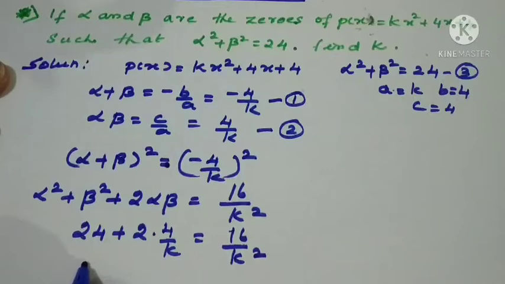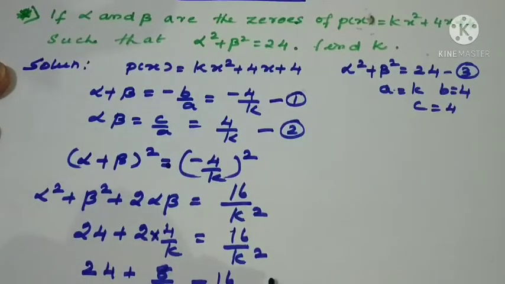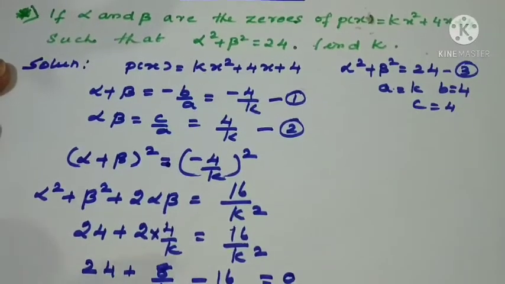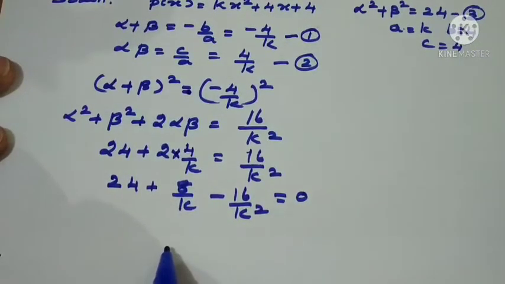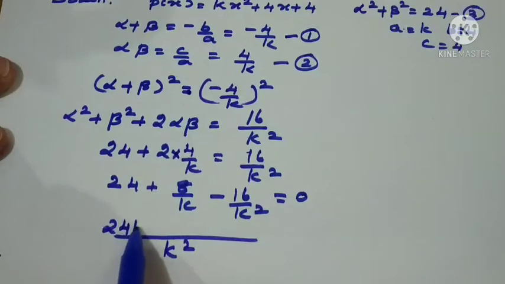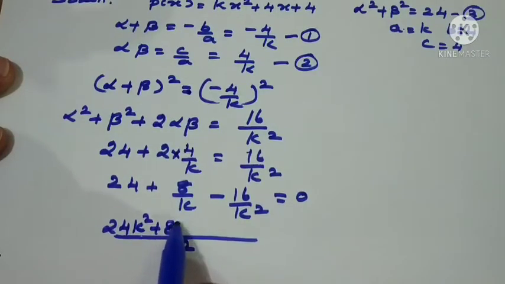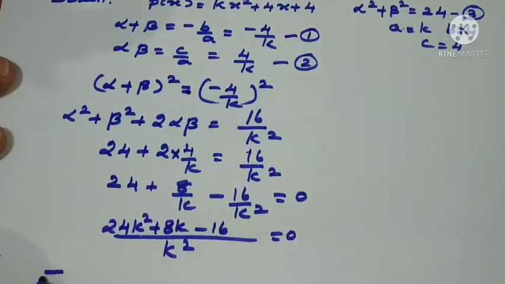Now 24 plus 2 into 4, 8 by k, minus 16 by k square equal to 0. Now k square is the LCM we will take, right? So if it is k square, 24k square plus 8k minus 16 equal to 0.